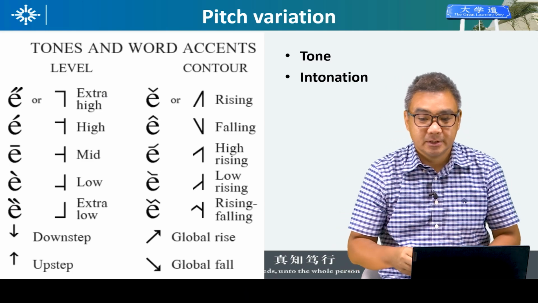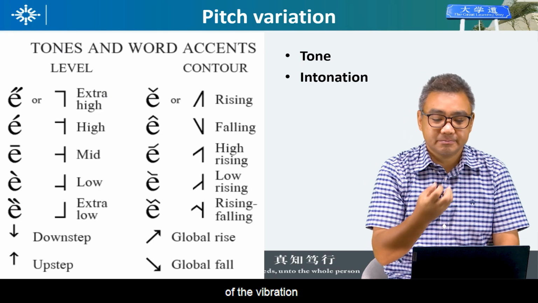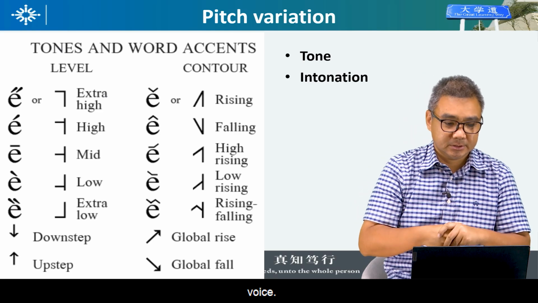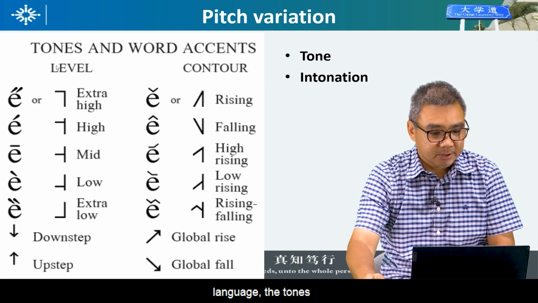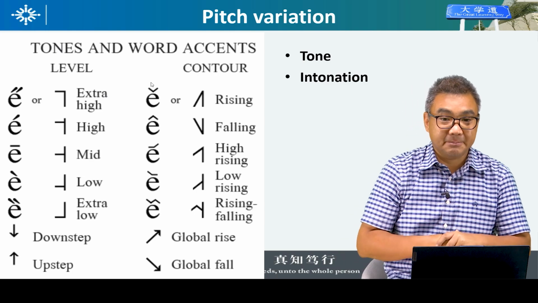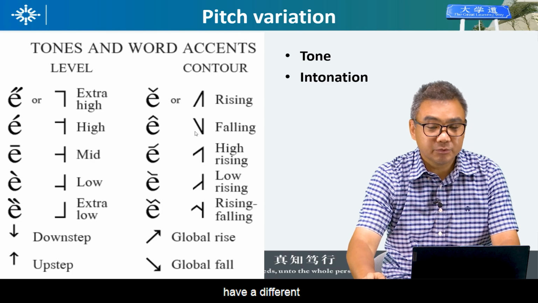The velocity, the frequency of the vibration determines the height of your voice. For Chinese, which is a tonal language, the tones and word accent are similarly important, even more important.